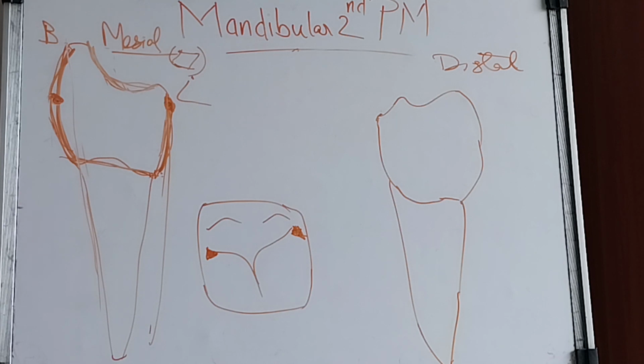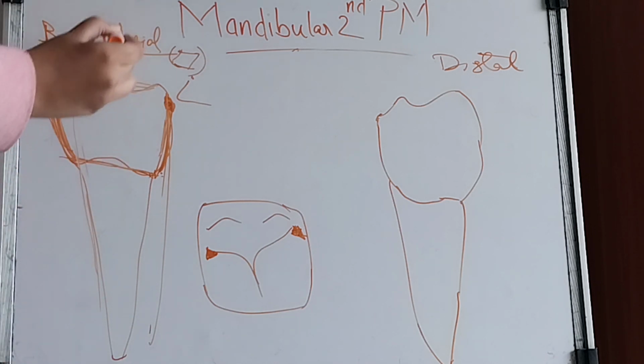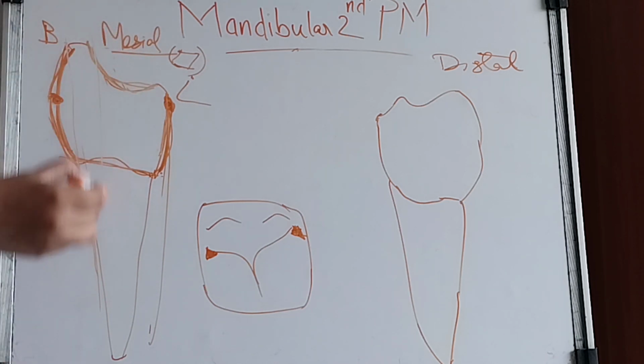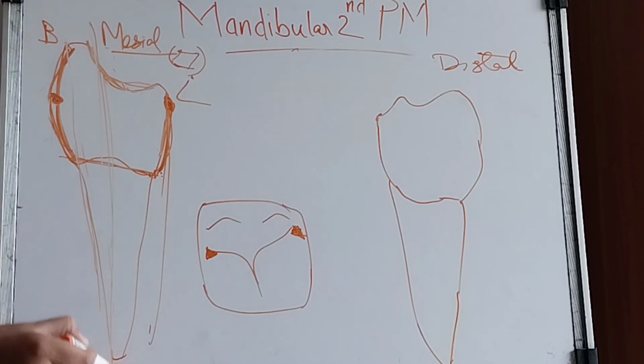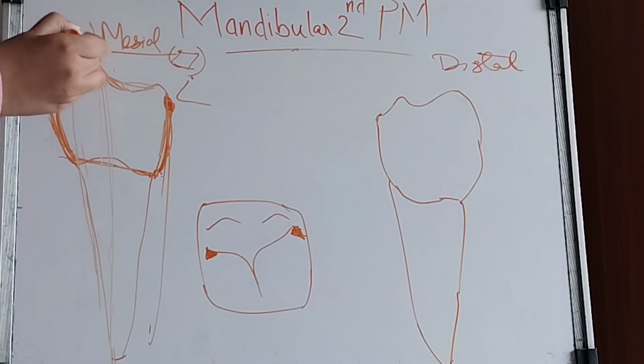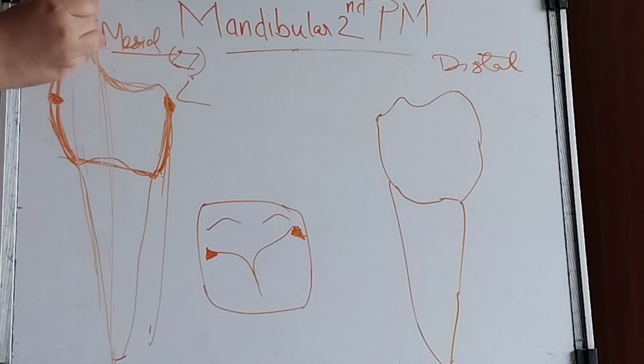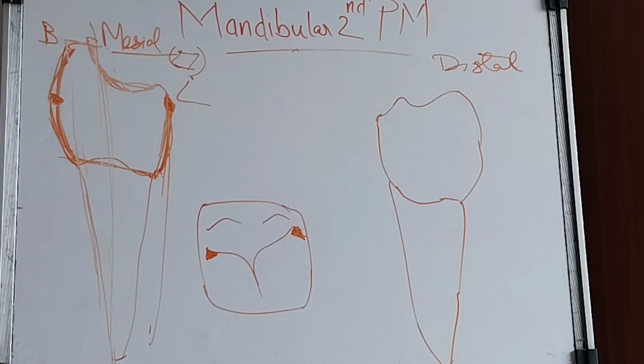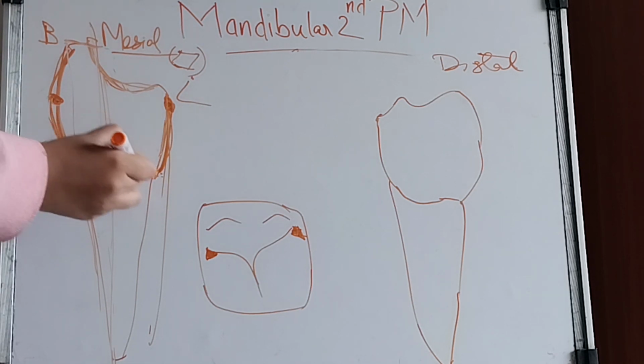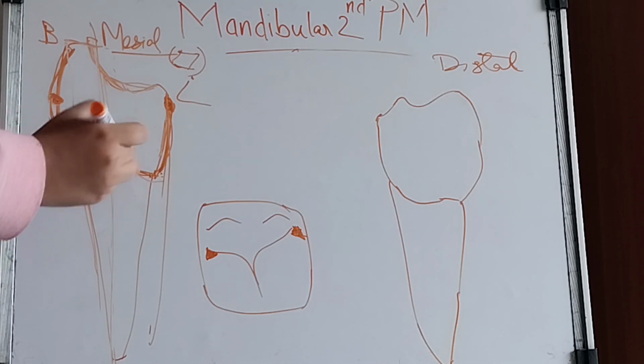If this is the long axis of the tooth, then this is 90 degrees. It's a right angle. Hope you understand this point. And the cervical outline is curved occlusally. You can see clearly it is curved occlusally.